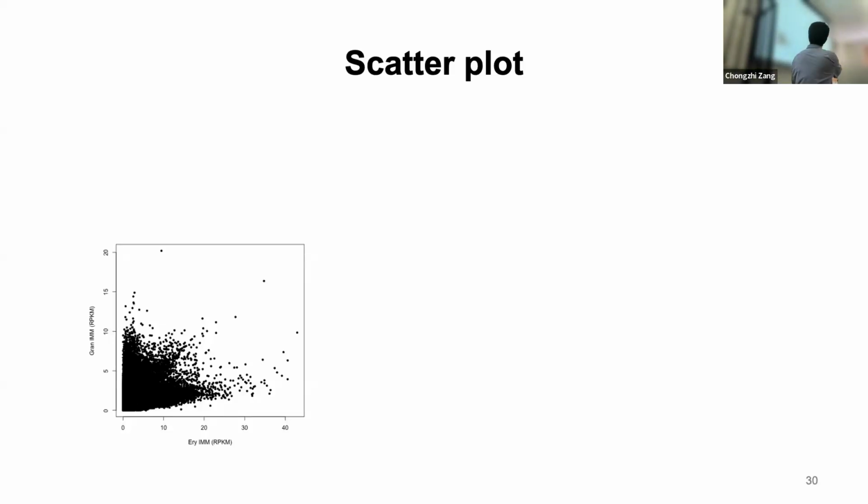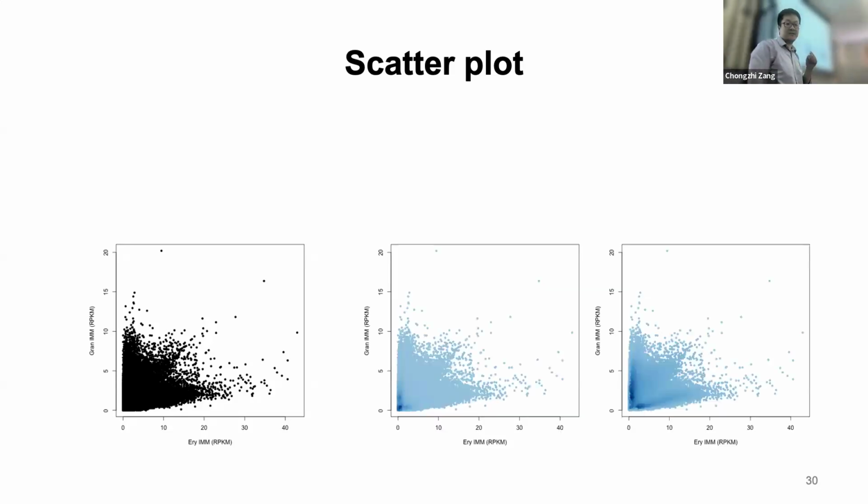If you have a huge number of data points in a scatter plot, in many cases you may not be able to see the patterns inside this dense cloud because there are too many data points. But one way to do this is to use heat color or color density to represent the local density of the data points.